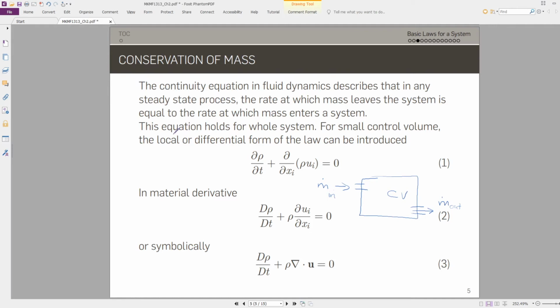So the continuity equation holds for the whole system, and for a small control volume, the local or differential form of the law can be introduced.